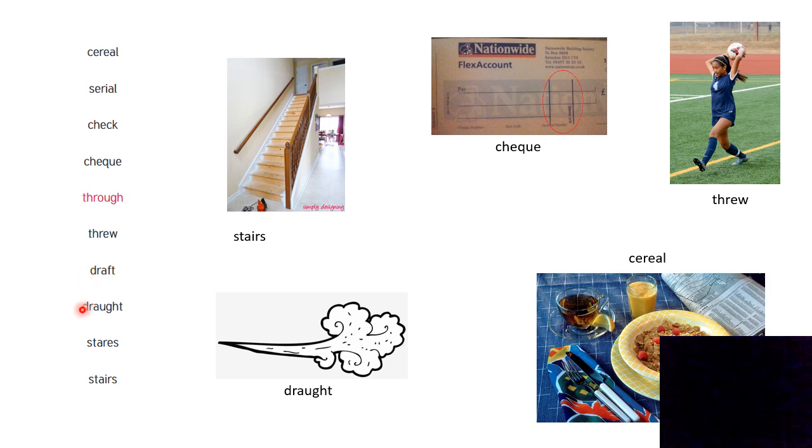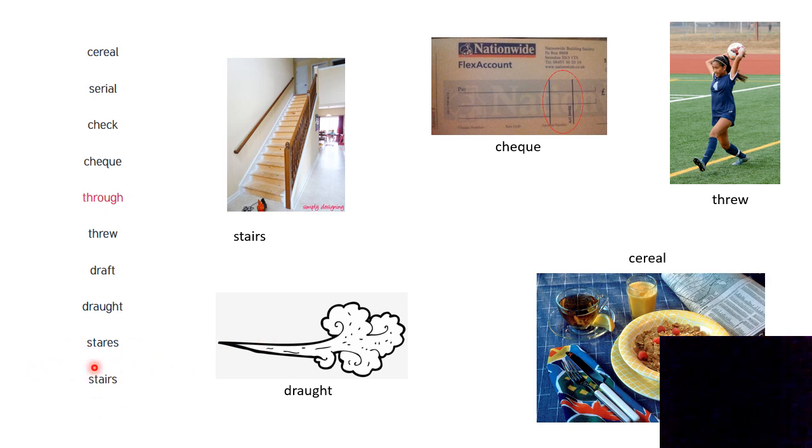However, the one underneath is, have you ever been in a room and you feel a little bit chilly because there's a really cold bit of air coming through maybe a gap in the window or a gap in the door, you would say there is a draught. Okay, so there is a bit of cold air coming through somewhere.